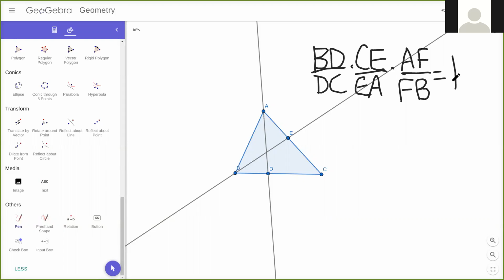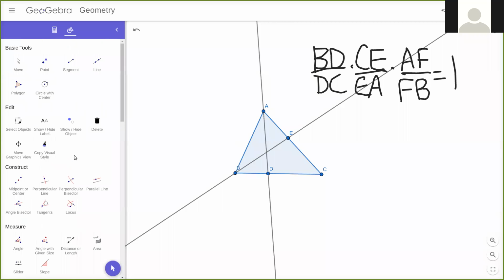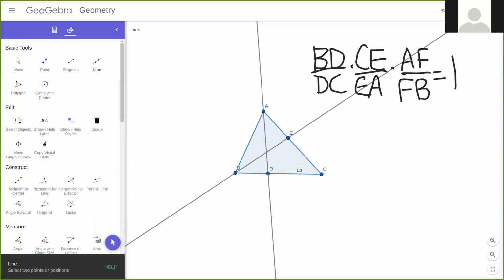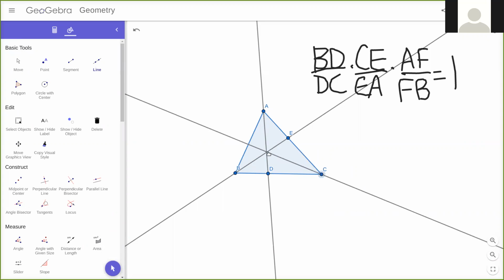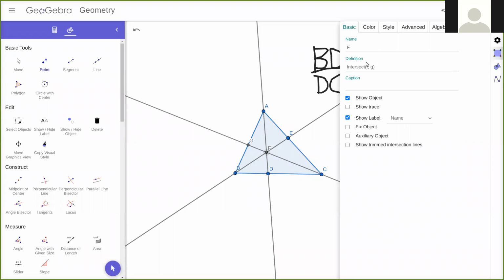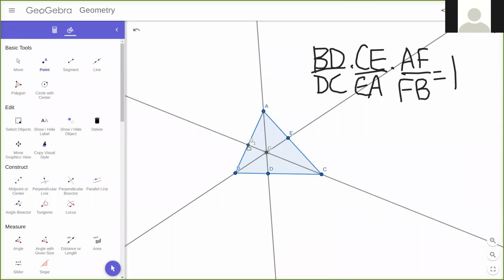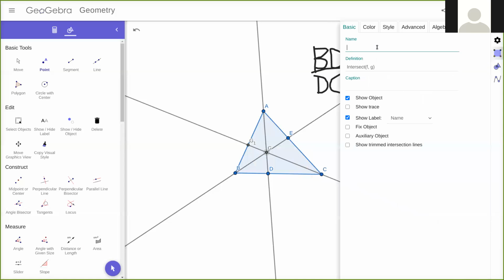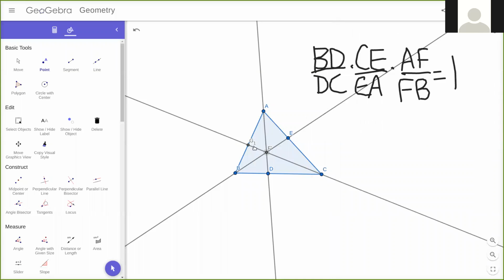So, how can we show that they are concurrent? Because we know that if three Cevians are concurrent, and let's call the third Cevian AG, or call this G, and let's call this F prime.